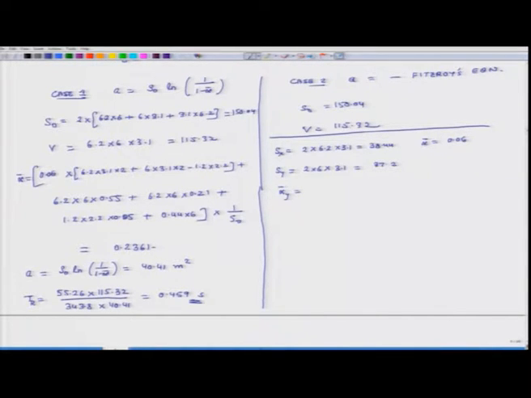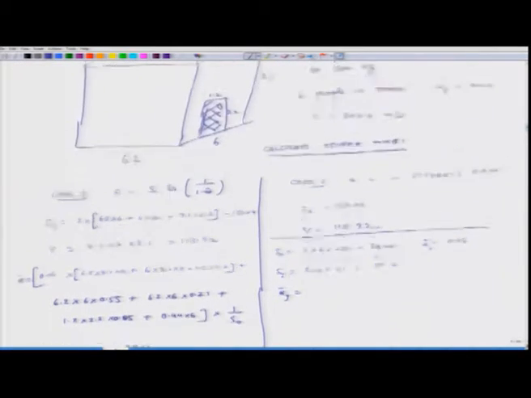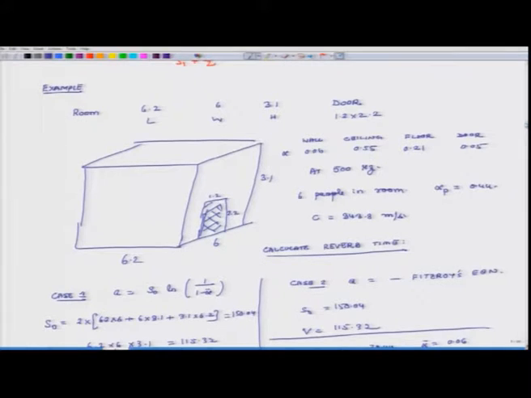So, alpha bar in the x direction is 0.06. Why do I say it is 0.06? Look at this. Before we do all this, let us say this is my x direction, this is y direction and this is z direction. Actually, I have used a slightly different convention.